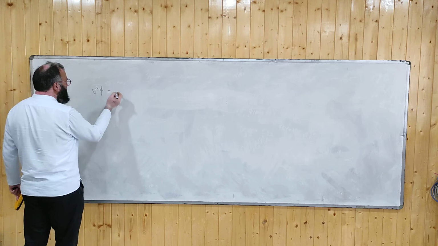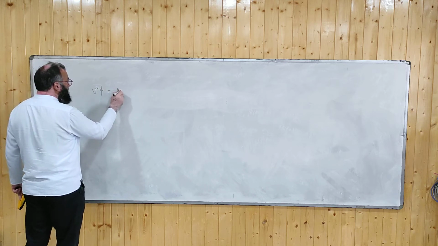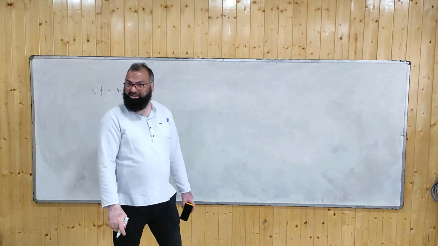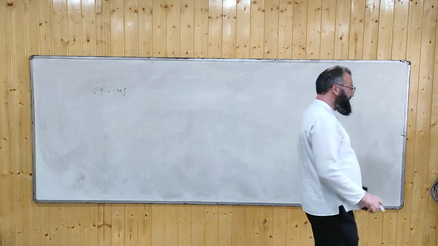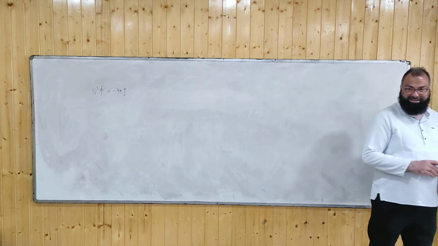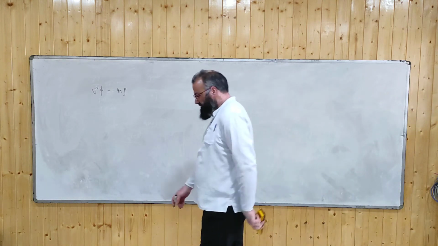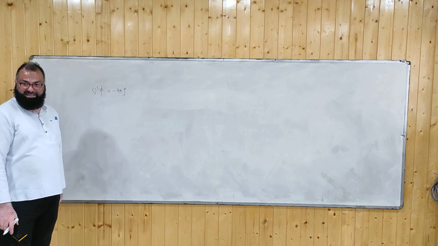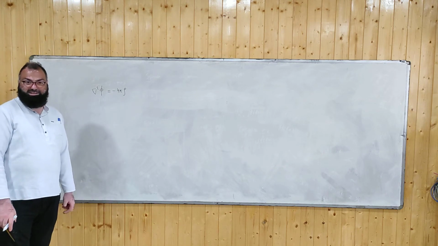What is it equal to? Minus 4 pi rho. So this is the Poisson equation. Let's figure out its Green's function in a simpler way. I will show you the method first, then we will take another example. The boundary condition is not specified.